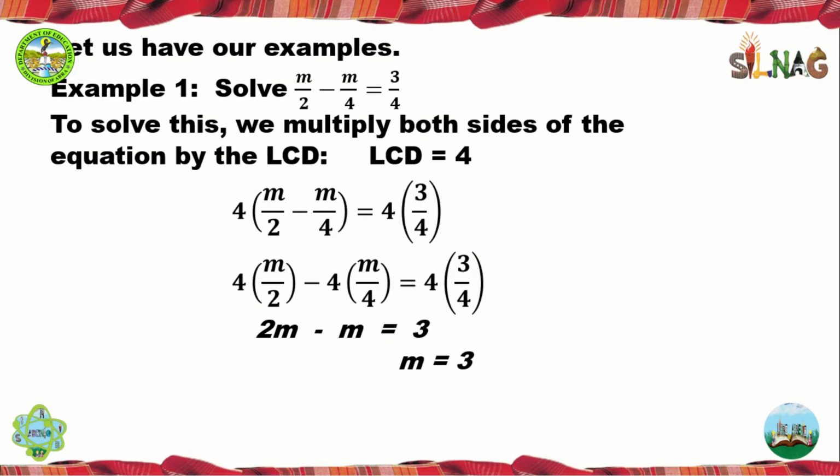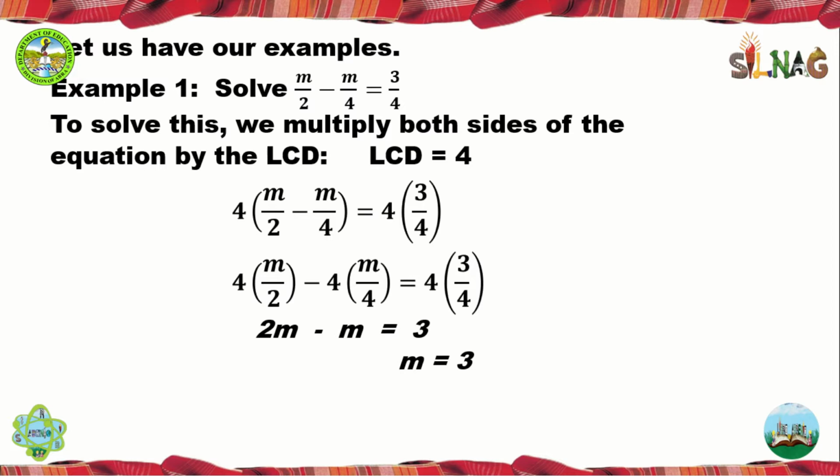Then now, we have 4 times the quantity of m over 2 minus m over 4 is equal to 4 times 3/4. Then we apply the distributive property at the left side. So we have 4 times the quantity of m over 2 minus 4 times the quantity of m over 4 is equal to 4 times 3/4.